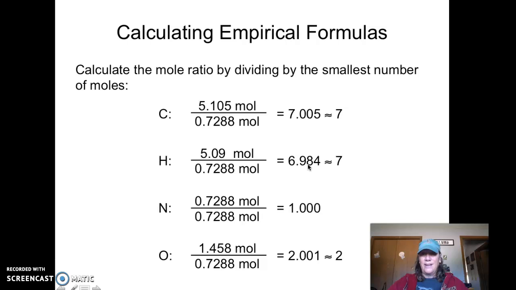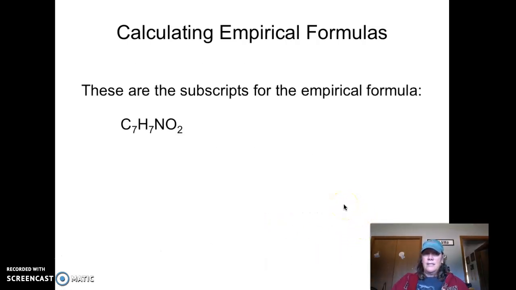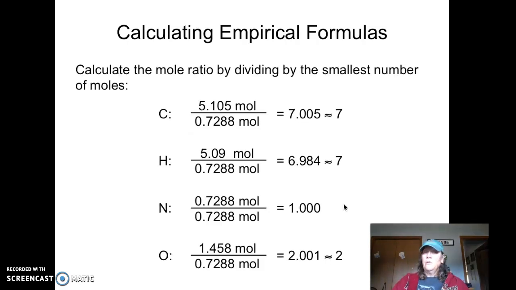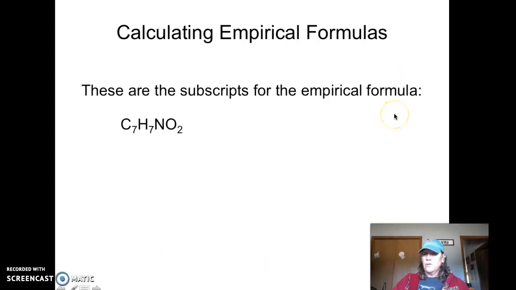We'll talk more about that; I have an example to show you what you do there. But you get them close, because you're not going to write 6.98 in as your subscript. You're just going to write a whole number. So you get 7, 7, 1, and 2. So that's the formula: C7H7NO2. Again, you find the moles by dividing by their mass from the periodic table, then divide every one of the elements by the smallest moles, and then you get these numbers, and those are the subscripts. Okay, that's not so tough.